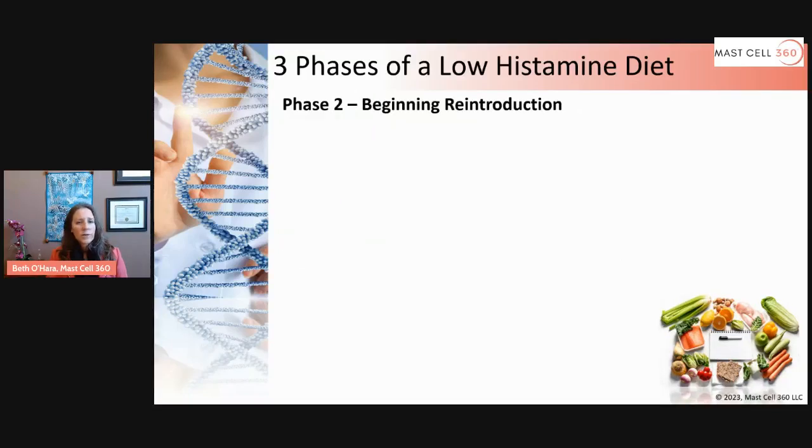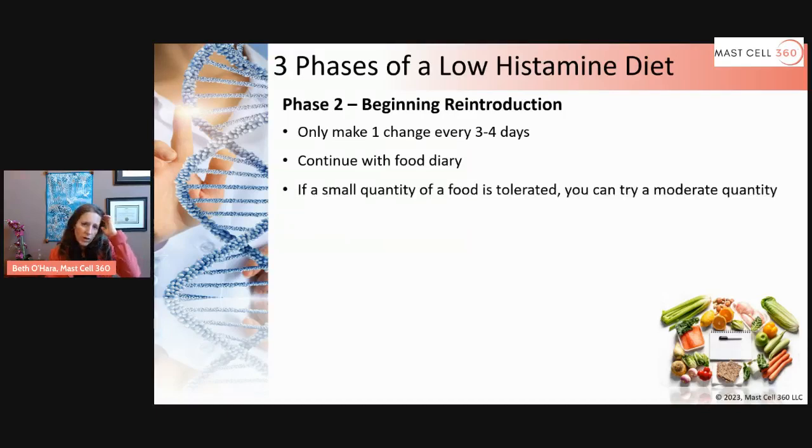So with the low histamine diet, if this is all we're worried about with reintroducing, you'd make a change every 3 to 4 days, add a little bit of a new food or a couple extra bites of a new food. Continue with your food diary. I usually have people start with 1 bite and wait 3 or 4 days. If that was well tolerated, then you go to 2 or 3 bites, give that 3 or 4 days.